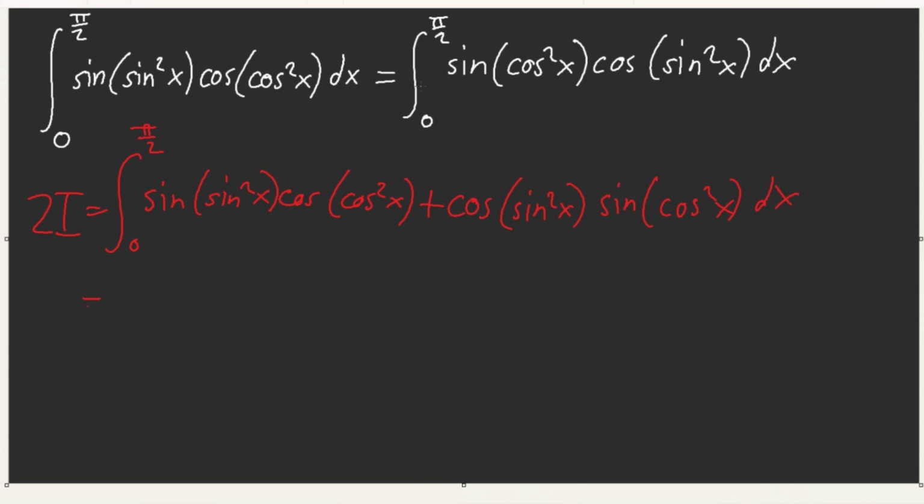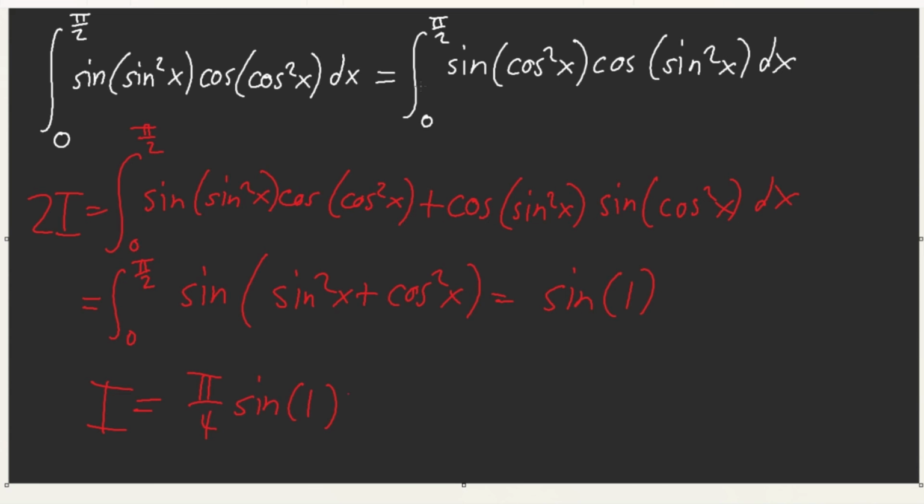So this is equal to sine of sine squared plus cosine squared, which is equal to sine of 1. So in general, our answer would be pi over 4 sine of 1. And this is our answer.